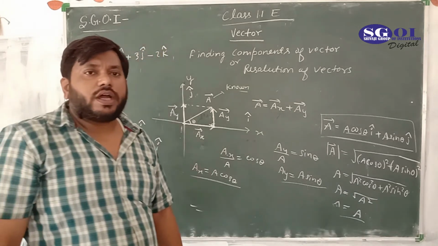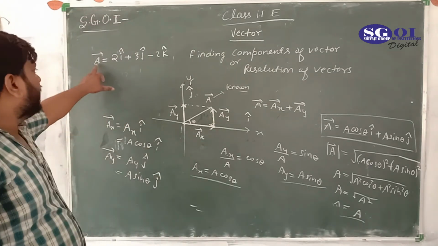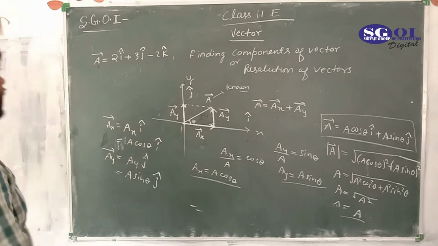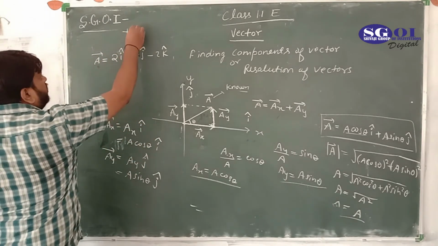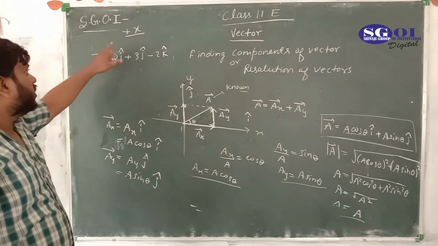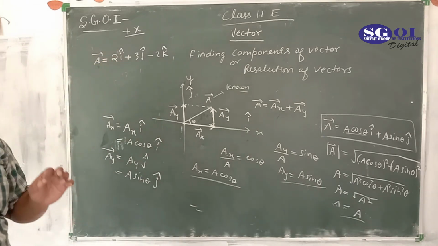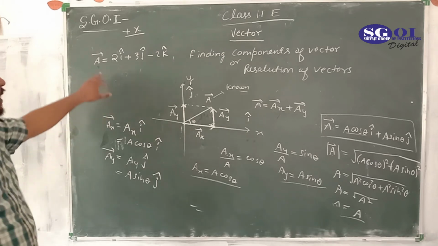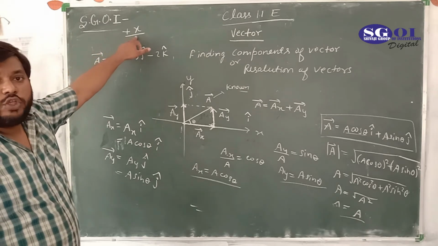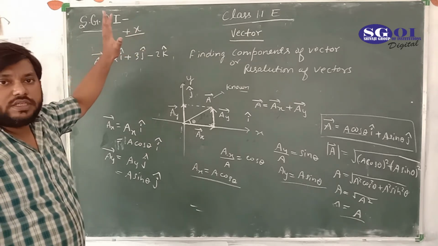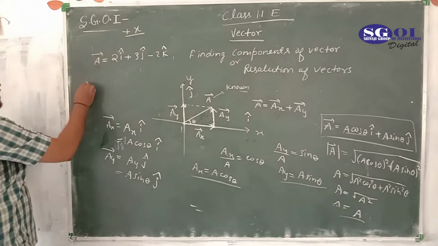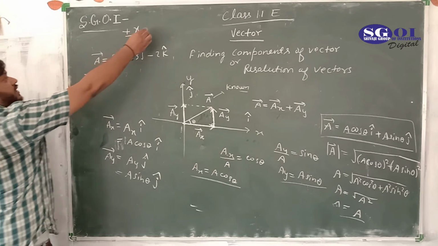And if you want to find the component of vector A along the positive x direction, we have another way. Just multiply that vector by the unit vector of that particular direction. What is the unit vector of the plus x direction? It is i cap.